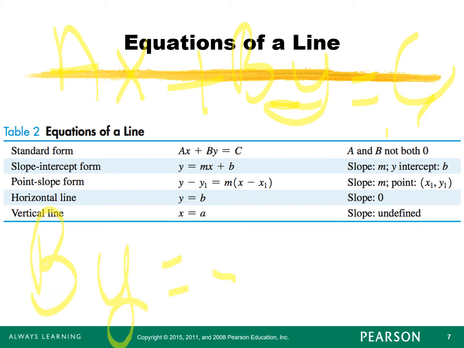So we will have minus ax plus c, and if we continue, this is what we're going to have: y equal to minus a divided by b x plus c divided by b. This is the final result that we will get.